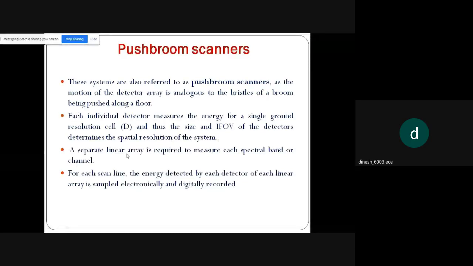A separate linear array is required to measure each spectral band or channel. For each scan line, the energy detected by each detector of each linear array is sampled electronically and digitally recorded in tape recorders.